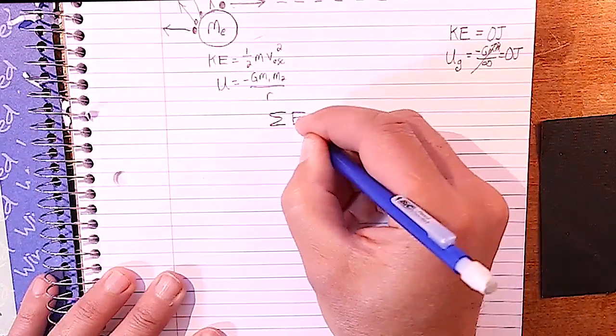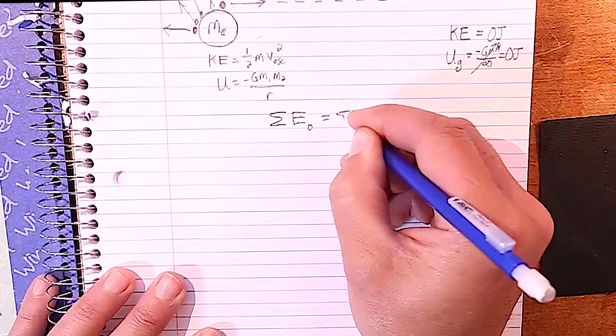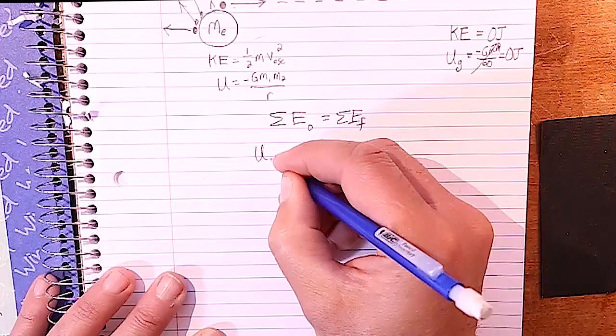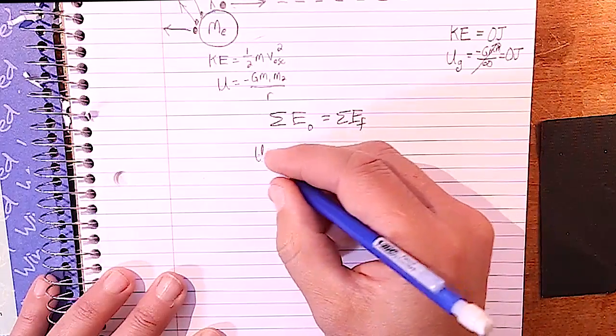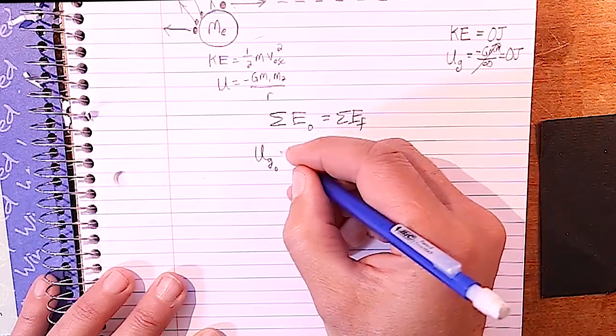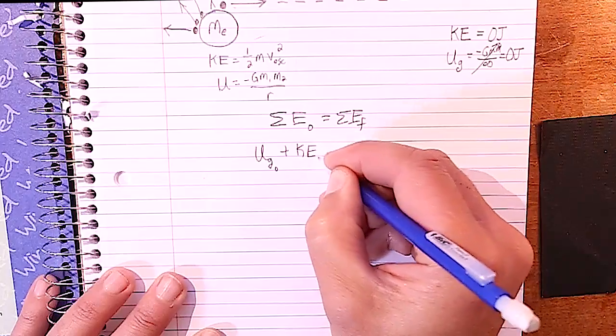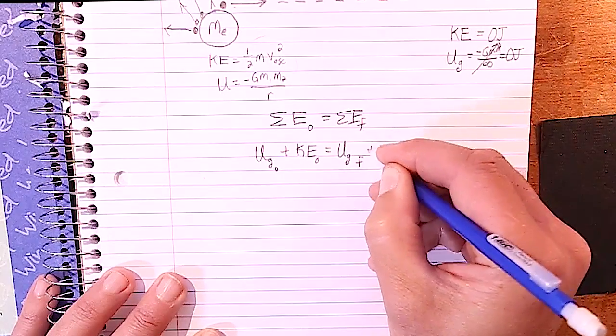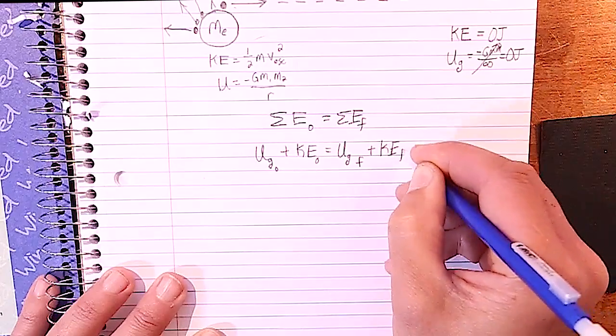So we can say the sum of the energy initial equals the sum of the energy final. And we start with U gravitational initial, plus kinetic energy initial is equal to potential energy gravitational final plus kinetic energy final.